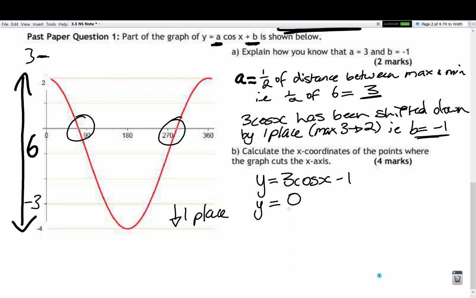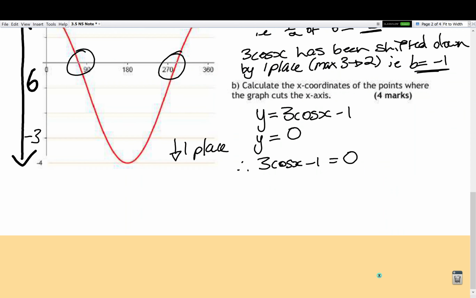Y isn't positive, y isn't negative, y is 0 along that line. So the actual equation we need to set up is 3 cosine of x -1 equals 0. If you can get to this stage, now it's just solving a trig equation the same way we've been doing over the last few lessons, and you should be okay from here.